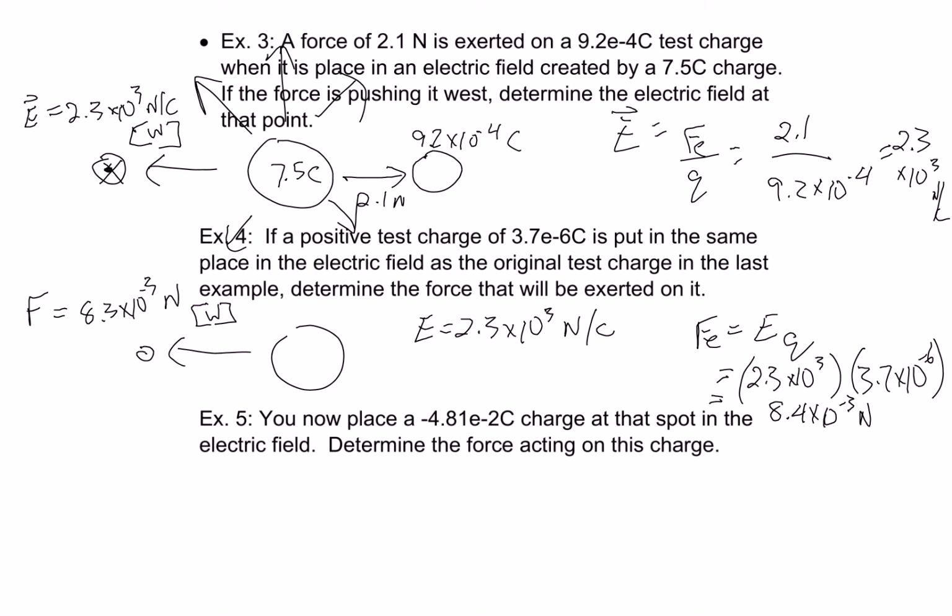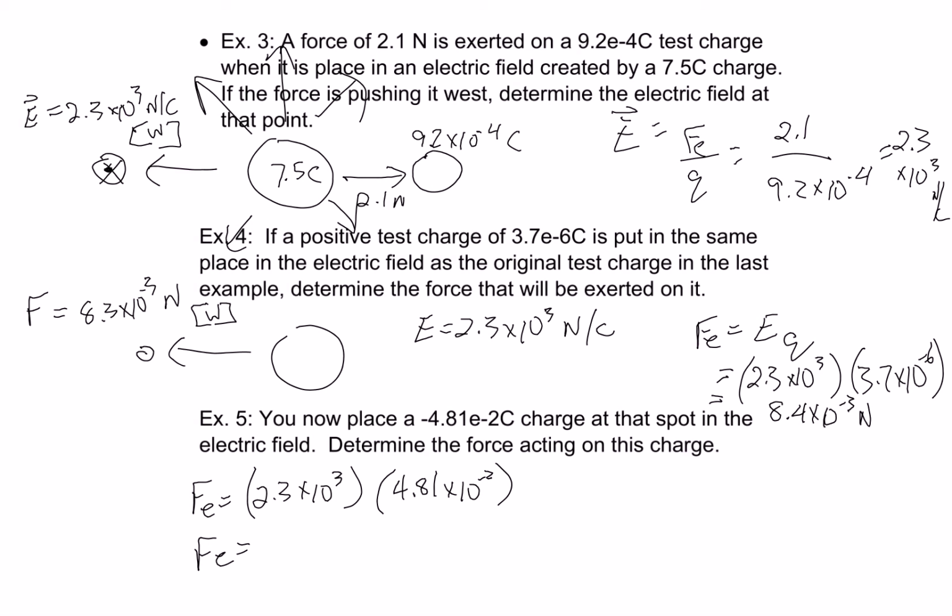So now our last example is the same thing, except it's now saying we're putting a different charge in that same spot. So we do it the same way. So our force would be still the same electric field strength. The only thing that's different now is our charge is negative 4.81. So we times it by 4.81 to the -2.